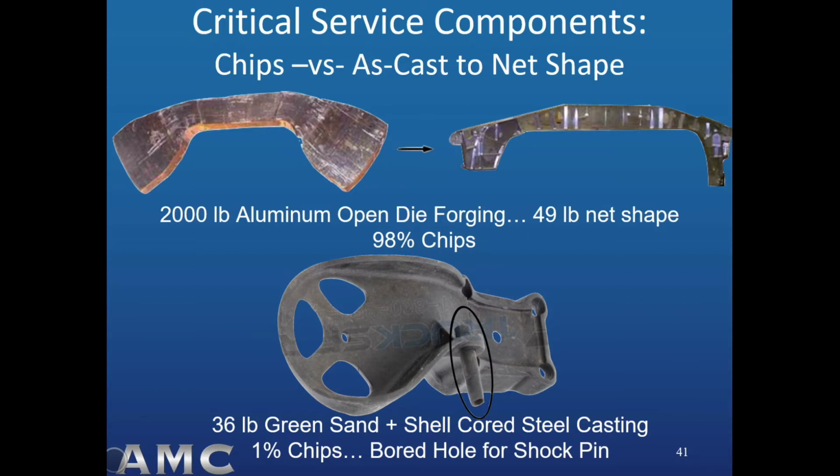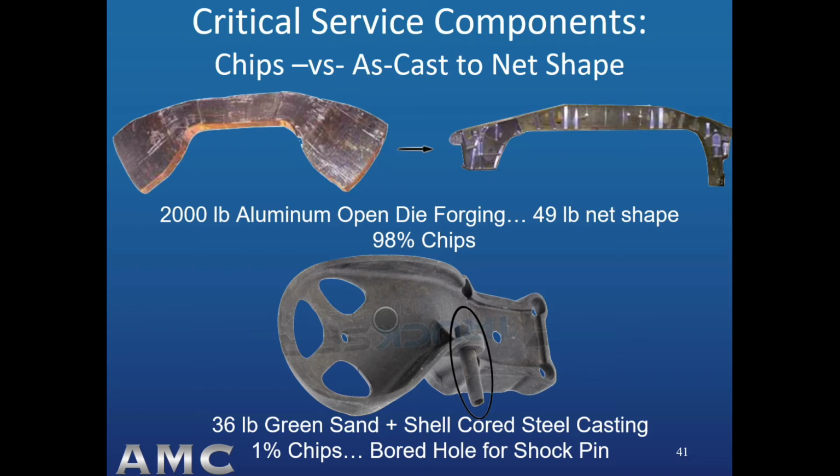The aluminum structural member for the military helicopter is machined from an open die forging that begins at 2,000 pounds and finishes its net shape at 49 pounds, 98% chips. The steel casting, 4 of them, hold 2 rear axles of an over-the-road 18-wheeler to its frame.